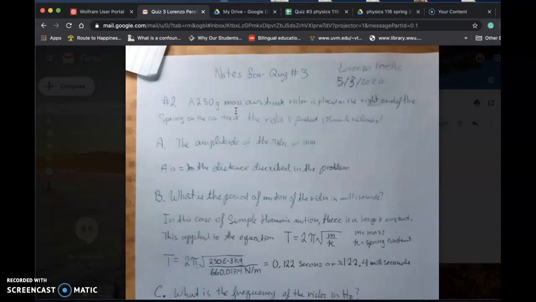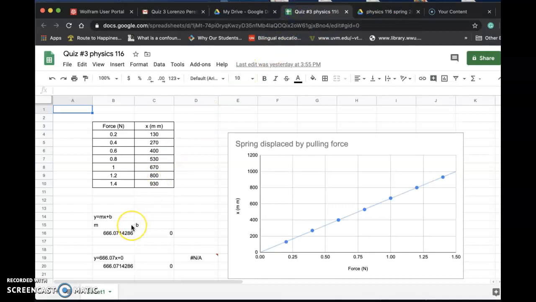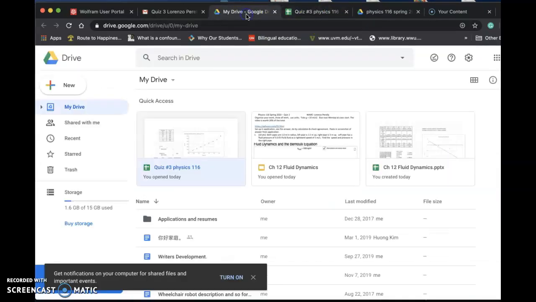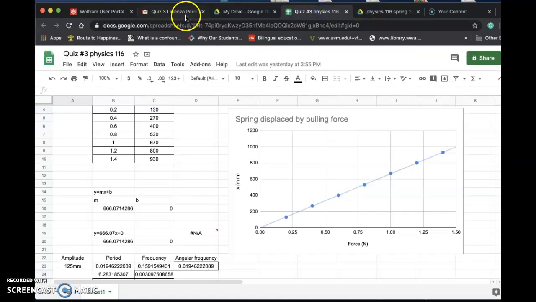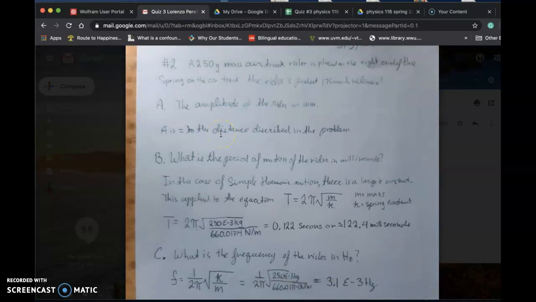Now the spring constant, we figured out from before in number 1 to be 666.07. And utilizing those values together, we get a period of 0.122 seconds, or roughly 124 milliseconds.